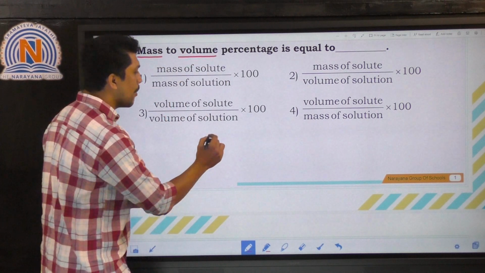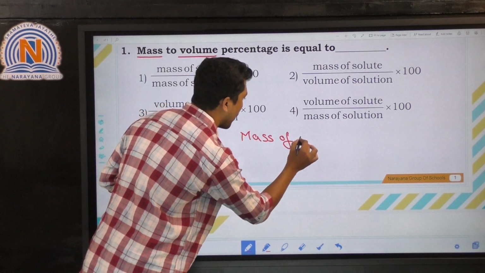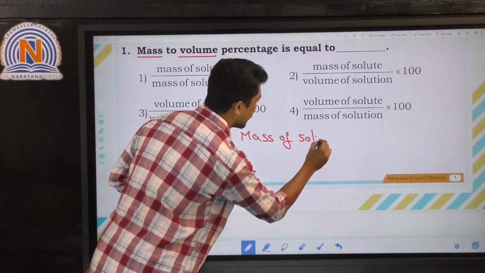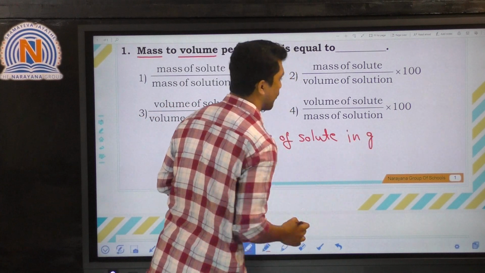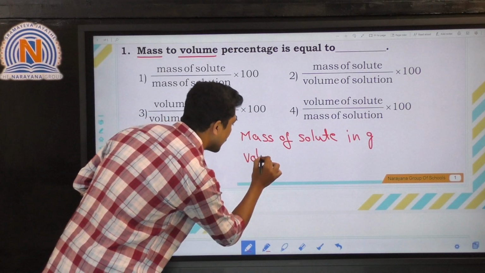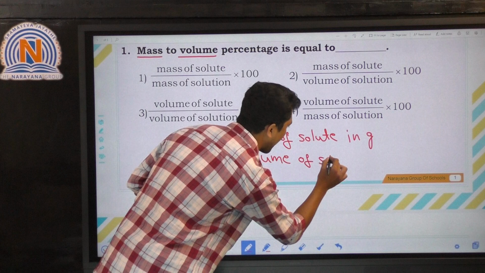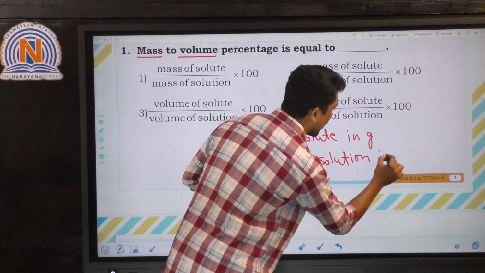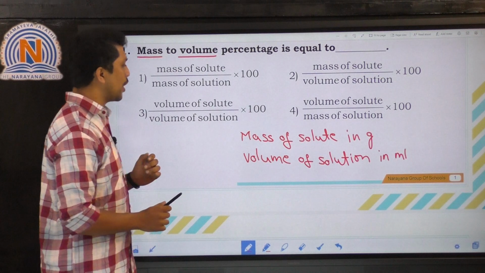Mass represents the mass of the solute in grams, and volume represents the volume of solution in milliliters. Now see the formula for mass to volume percentage.